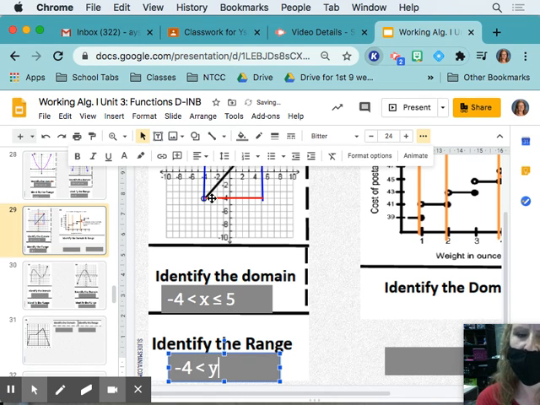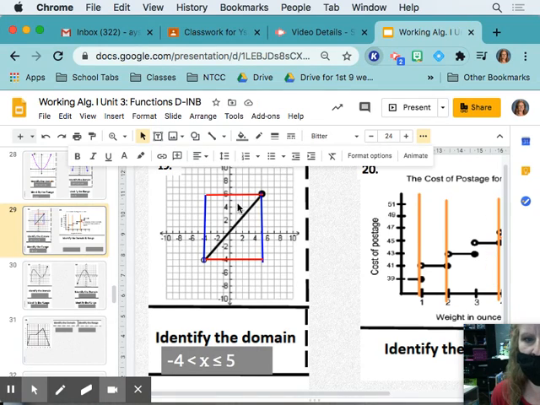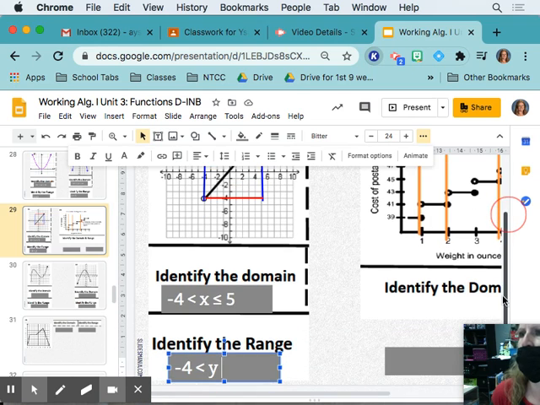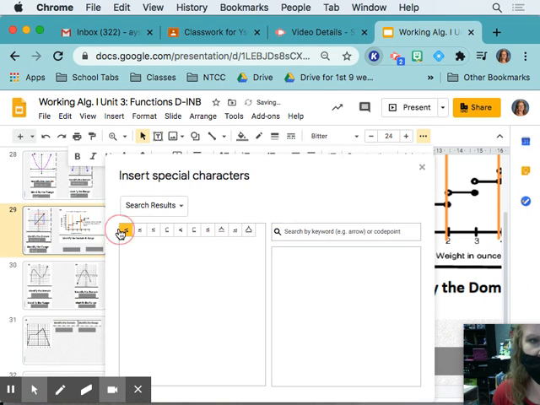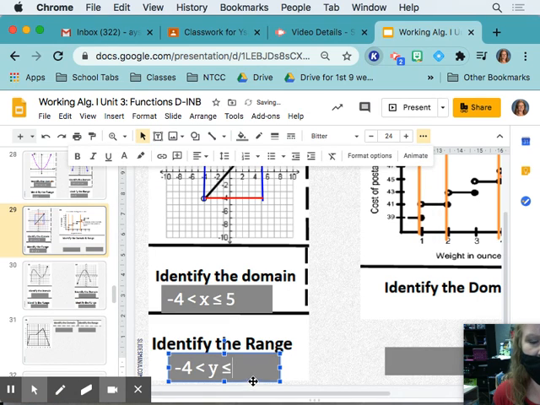We're dealing with variable y. And then how high does it go? +6, because we're talking about high. And it's less than or equal to. So insert special characters, less than or equal to. And it was 6.